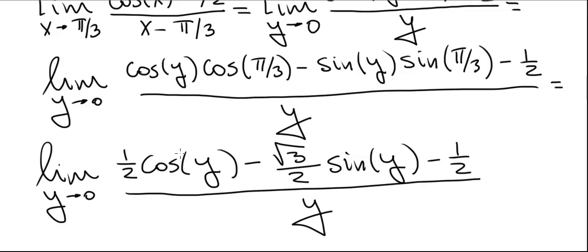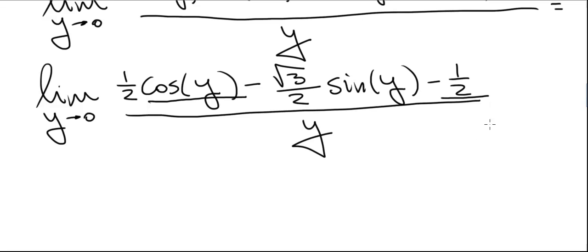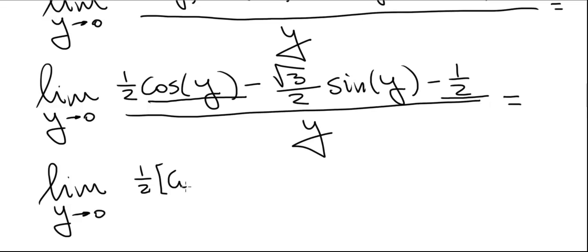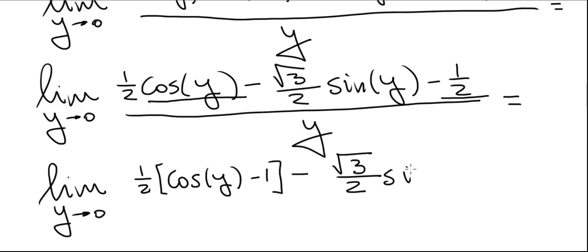Now we're going to take this term that has 1/2 cosine y and this term minus 1/2 and factor out 1/2. So this gives us the following. This is equal to the limit as y goes to 0 of: we factor 1/2, that leaves cosine of y minus 1, and then it leaves minus square root of 3 over 2 times the sine of y, all over y.